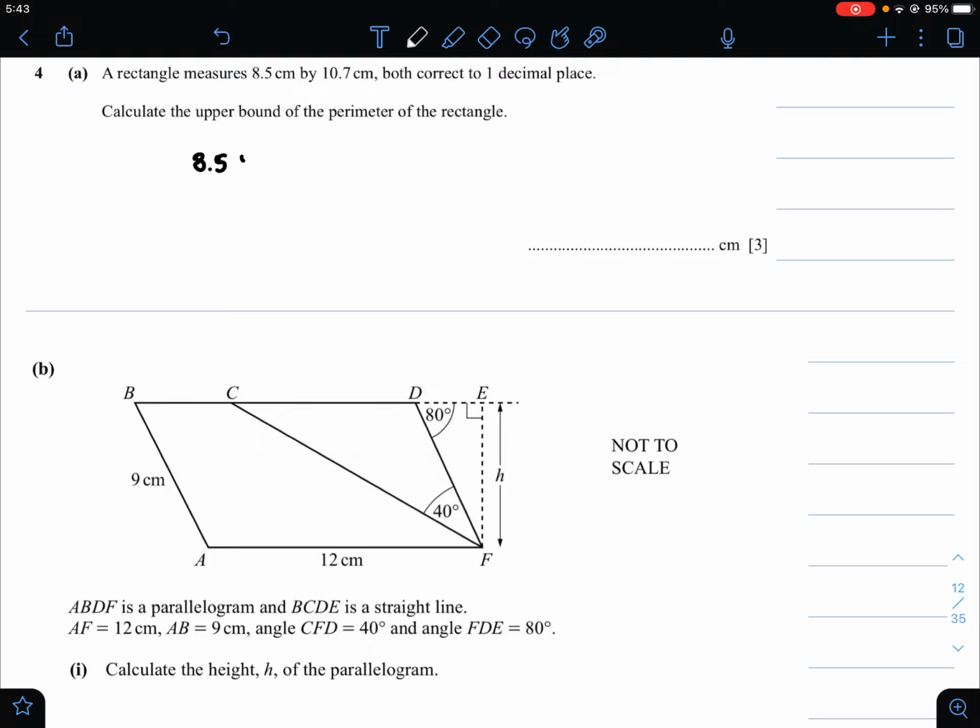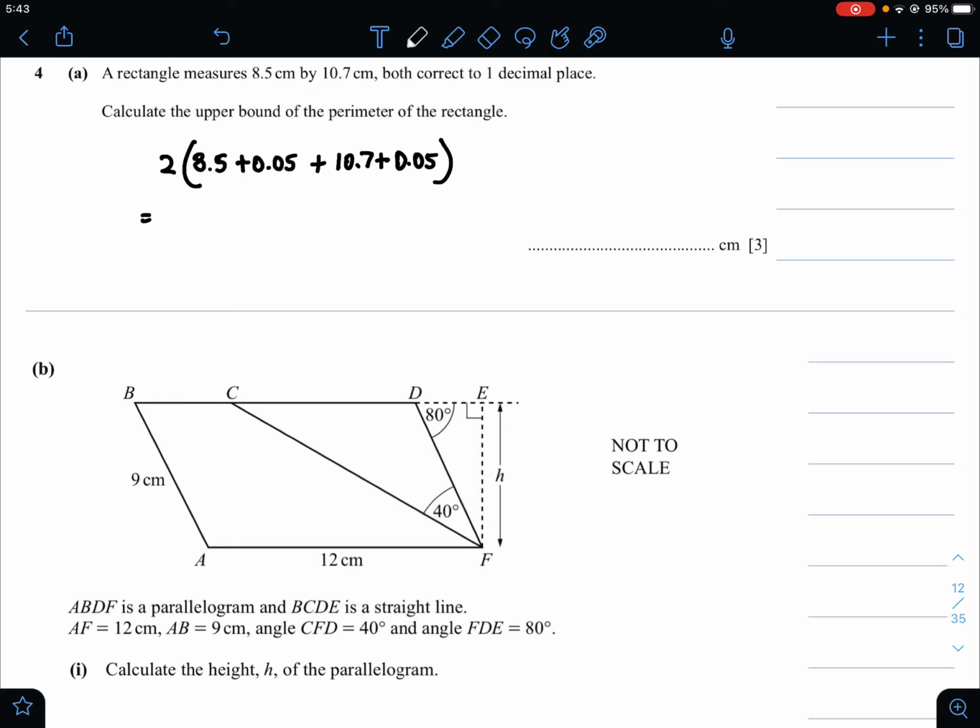So 8.5 plus 0.05, plus 10.7 plus 0.05, and it's a rectangle, so the formula is 2 times length plus breadth. So this would be the formula, 2 times the length plus the breadth.